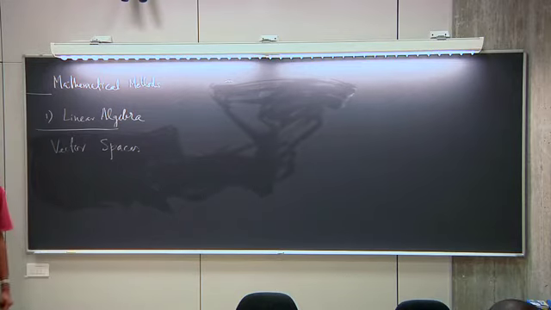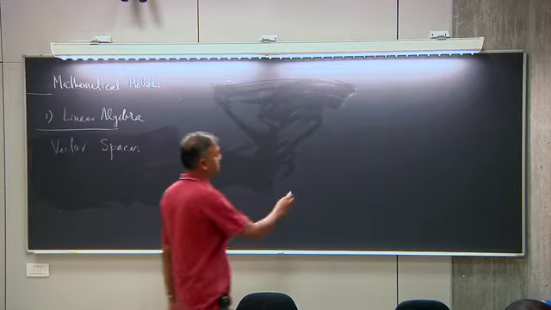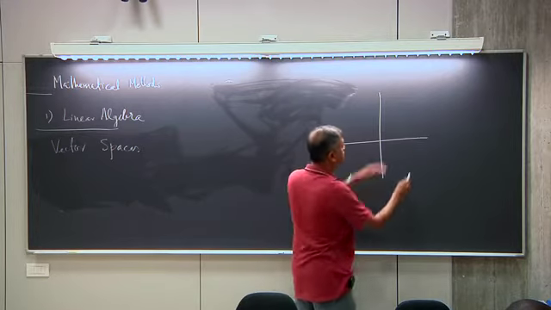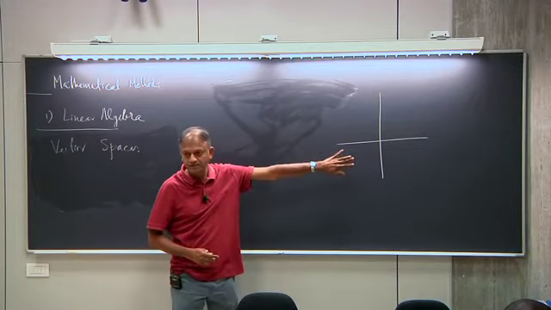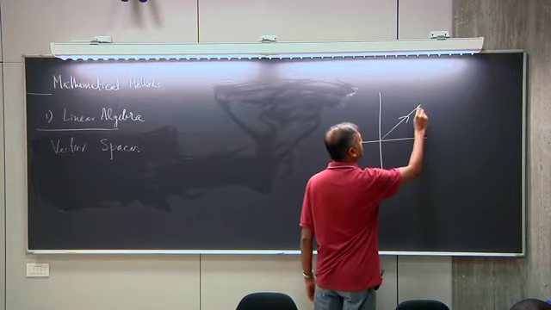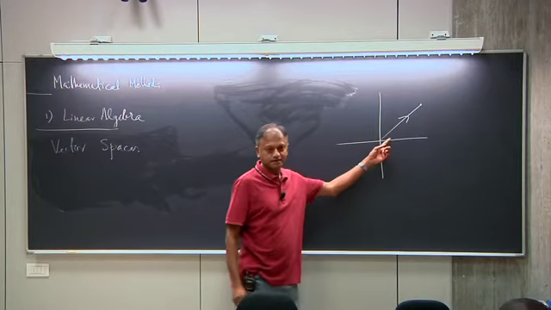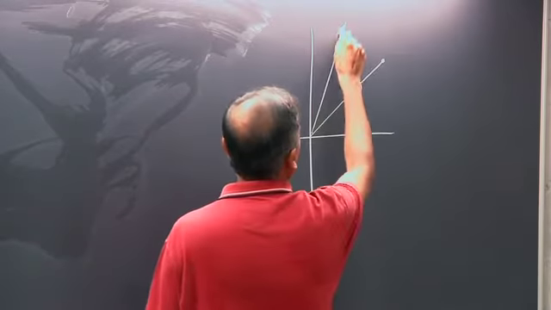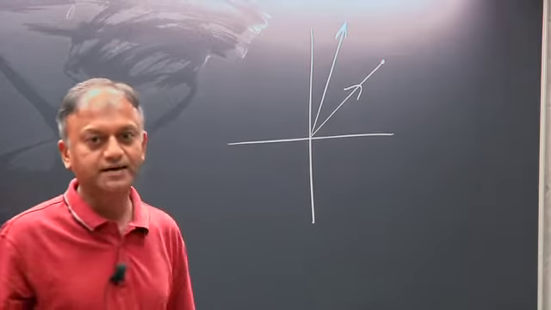Okay. Now you are all familiar with vectors, right? So consider, for example, two-dimensional space. This is my two-dimensional space, the blackboard is a two-dimensional plane, right? Now here the vectors are, for example, this is a vector, right? This is another vector, right? These are all vectors.